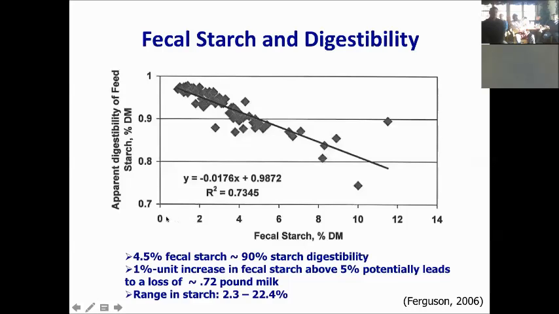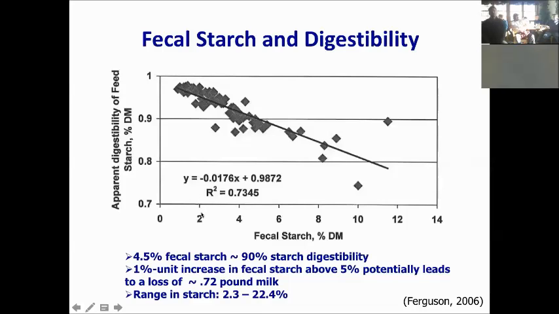It shows the relationship between fecal starch and apparent total tract digestibility of starch. We would probably want to be up in this 97 to 98% total tract digestibility, which corresponds to fecal starches down in the 1 to 2% range.